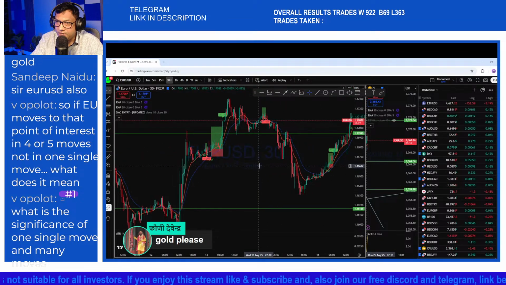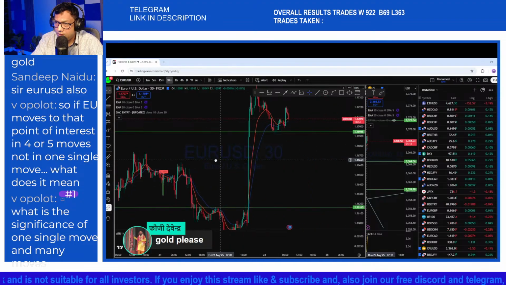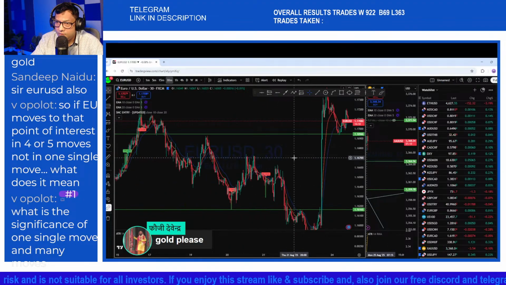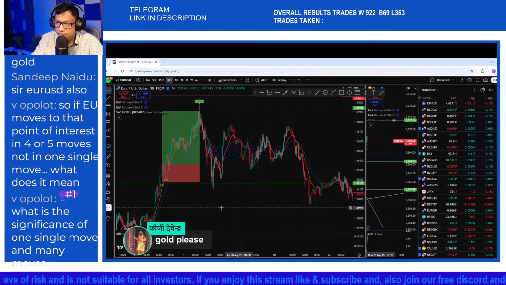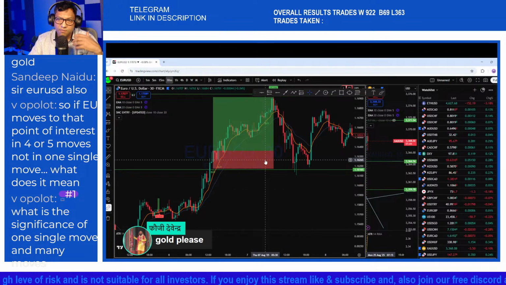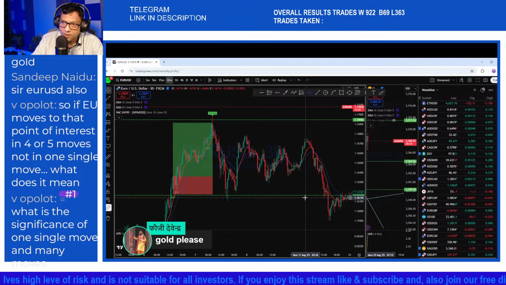Now, some of the trades that we can see, especially when the market grabs liquidity, we can see those moves.